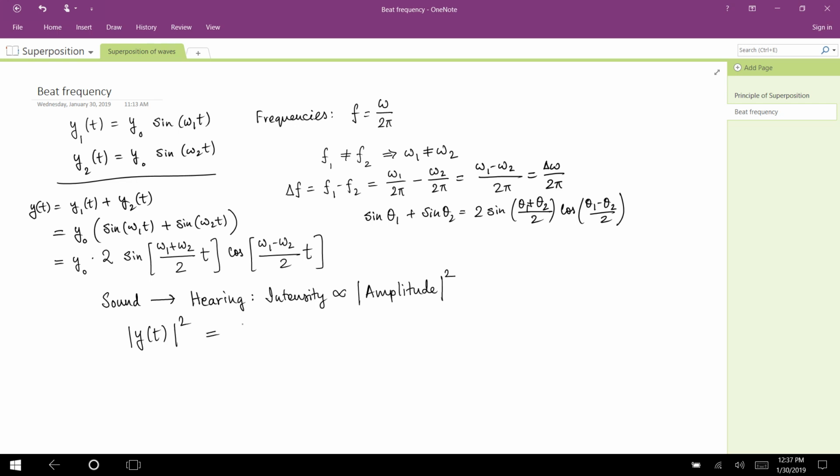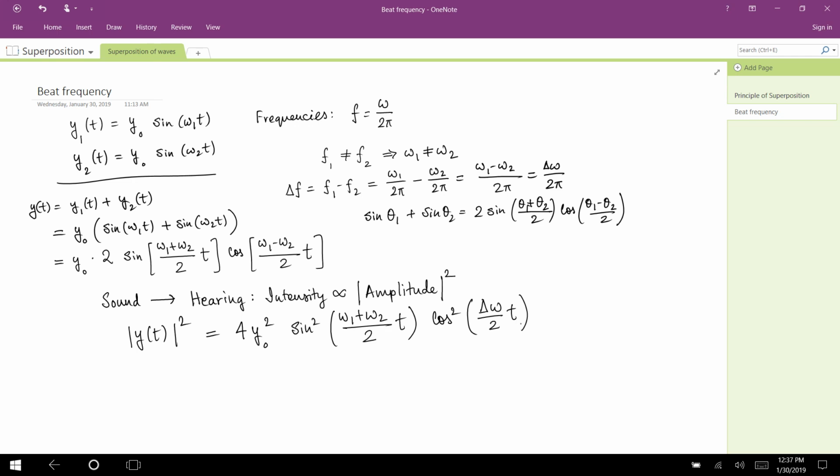So that gives us 4 times y0 squared times sine squared of (omega 1 plus omega 2) over 2 t, multiplied by cosine squared of, I'm just going to write this as, delta omega over 2 t. All right, so this is our sine and cosine wave product.